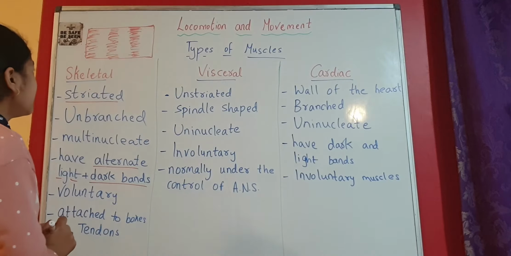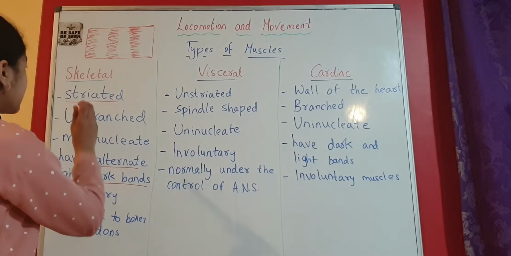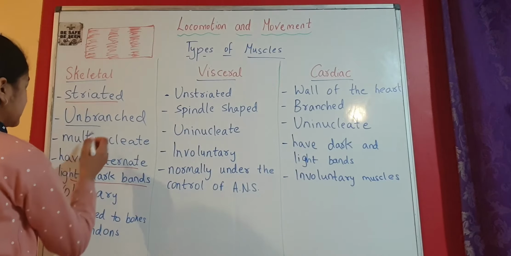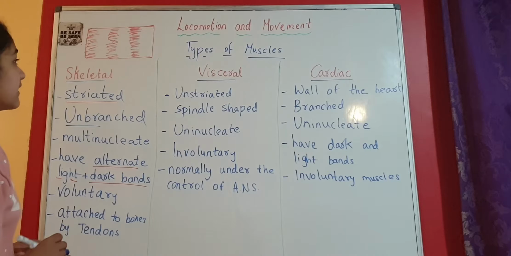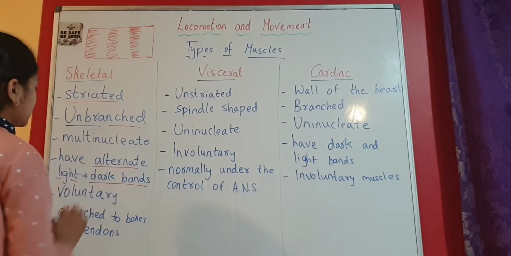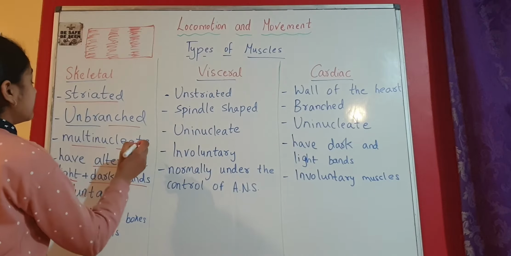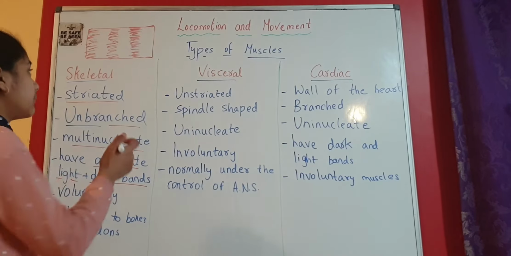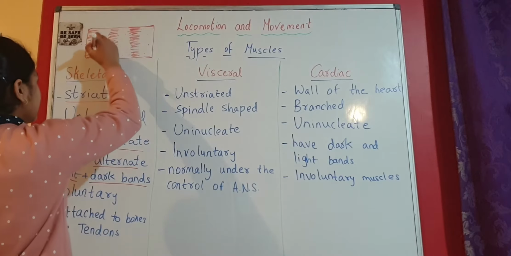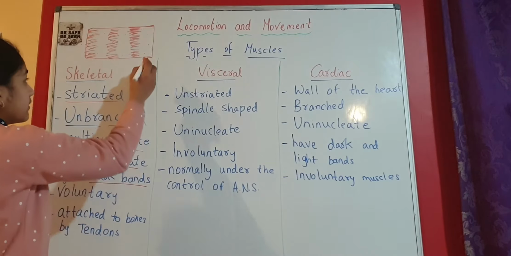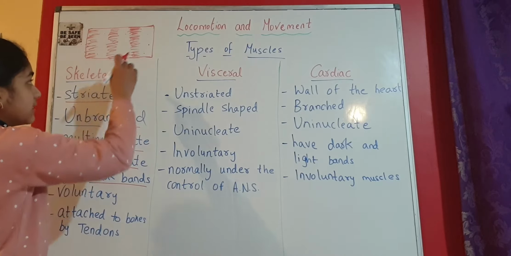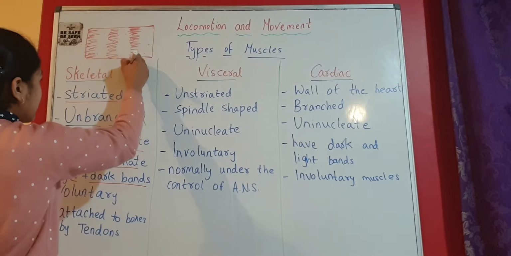In skeletal muscles, it is unbranched. That means they are not branched. They are multinucleate. That means they have multiple nuclei, more than one nucleus. So this is the nucleus here, and the plasma membrane or the cell membrane.